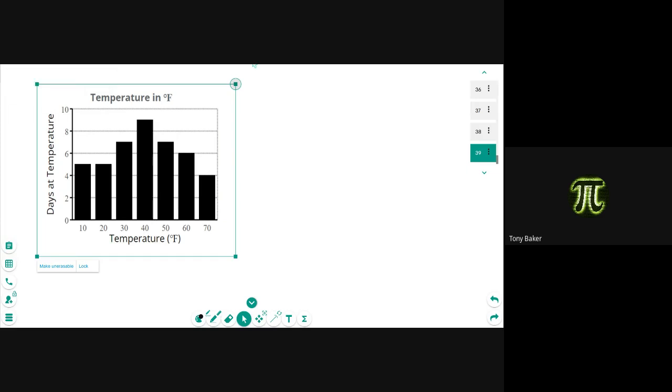Time series or cross-sectional? This is a time series. We're looking at the number of days for the given temperatures. So we're looking at temperature over a specific number of days. So that is a time series.